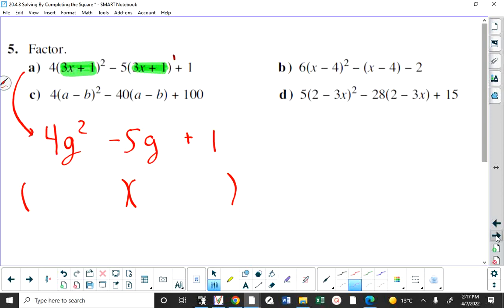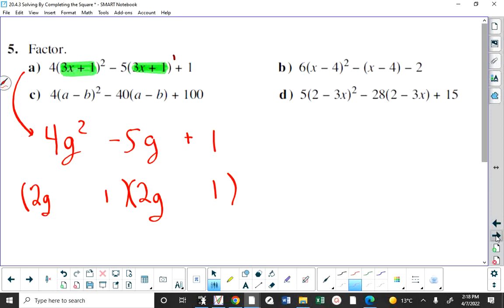So I'm guessing it's going to be, I can see my guess is wrong. I would try 2g and 2g and 1 and 1, and that's not going to work. Do you see I can't get negative 5g out of that? Okay. It's funny how I started off with this factoring by saying, it's 95% of the time it's 2 and 2, and lately it seems in the past couple of days it's been 4 and 1 all the time.